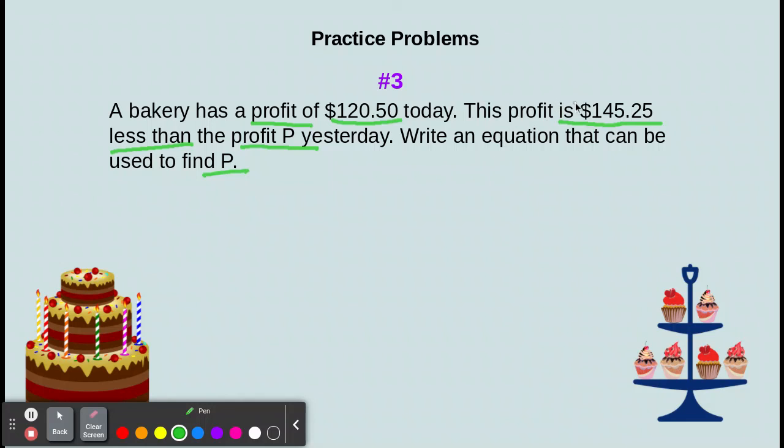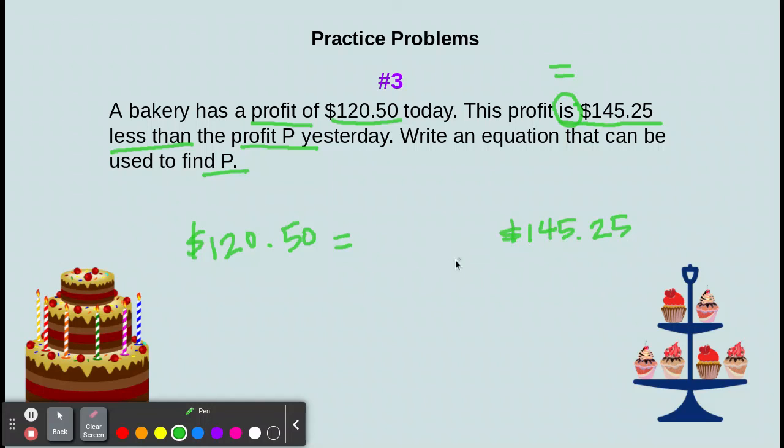Now let's analyze this a little more and turn the words into math symbols. So this profit, what was the profit? $120.50 is, remember, is an equal sign, is $145.25 less than.